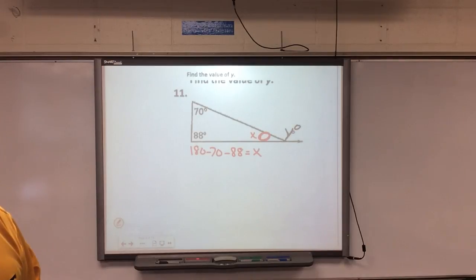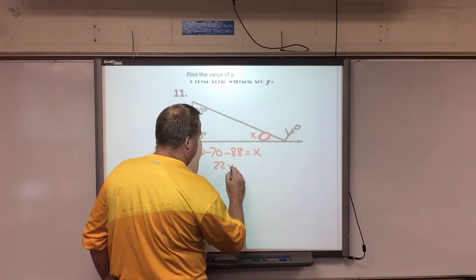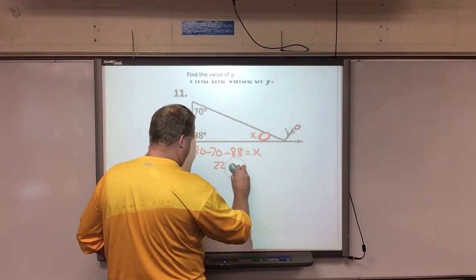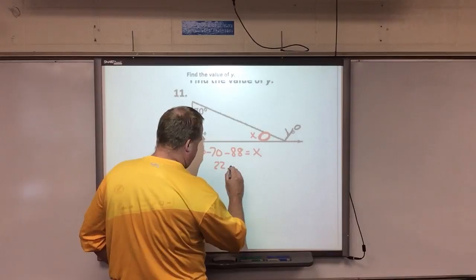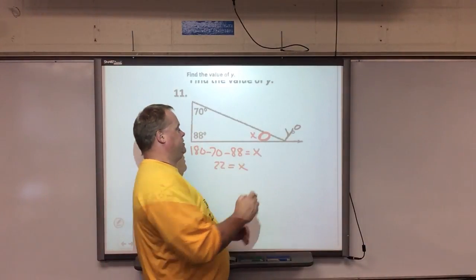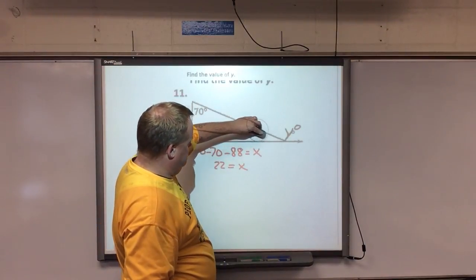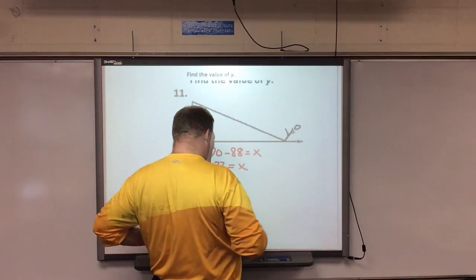That gives me 22. So I know that 22 is equal to, not 22x, 22 is equal to x. So I know that x is equal to 22. And I'm going to end up writing it here now. So 22.